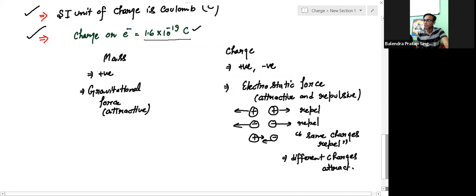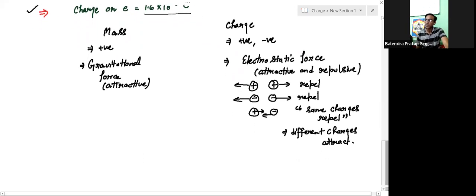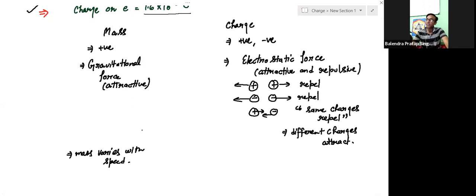Another important point I want to discuss is this: if you take a massive body that is moving and its velocity is increasing, its mass depends on speed. Mass varies with speed. So if a massive body is moving, its mass changes, but charge remains the same with speed.